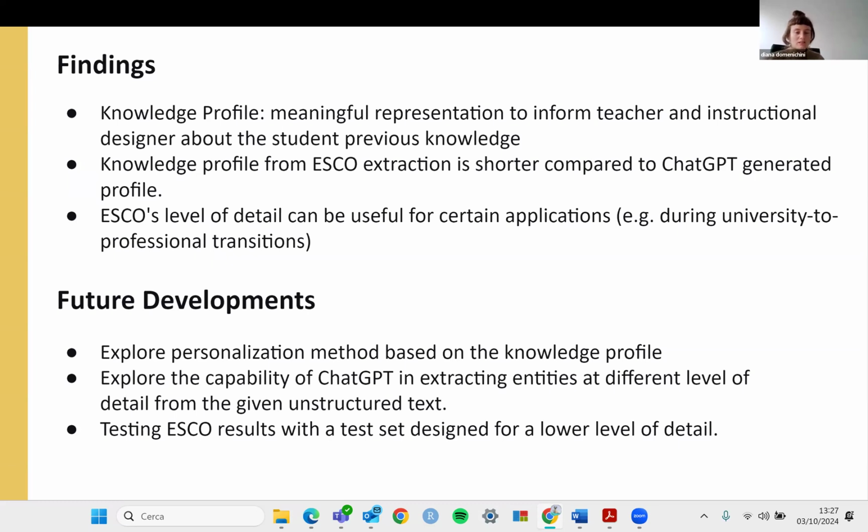Another future development is to test ESCO with the results of a test set that is designed with the same level of detail.